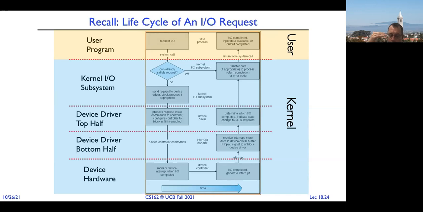The top one helps provide the kernel IO API, which is used by the user program to interact with these devices. Okay, so let's see what happens. Let's say you have a user program and it requests an IO operation, say to write data to the disk.